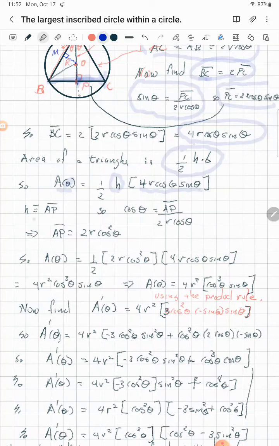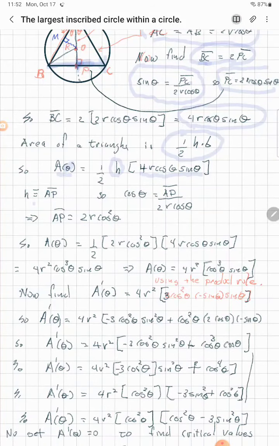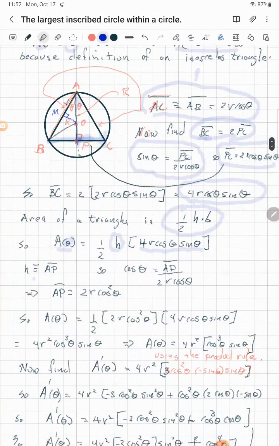Well, the height, if I come down just a little bit so you can see the picture, the height is AP, you see. But I know what PC is now, and I know what the hypotenuse is. It's 2 times r cosine of theta. That's the hypotenuse of this triangle right here. So if I look at the cosine of theta, it would be AP divided by the 2r cosine theta.